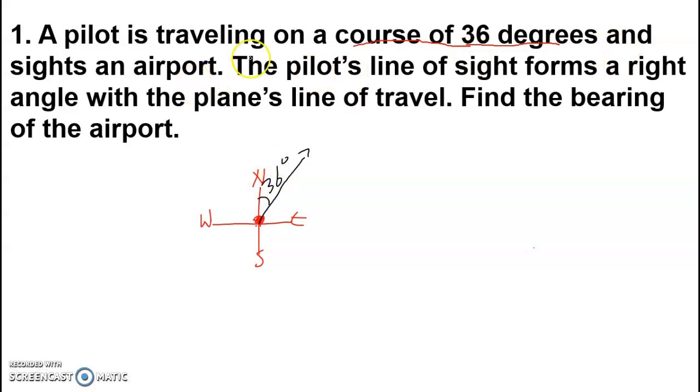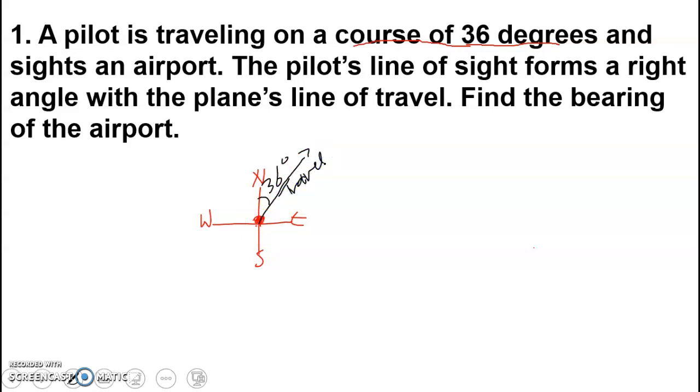And it says, and sights an airport. Okay, that's the line of travel. The pilot's line of sight forms a right angle with the travel. So this is travel.